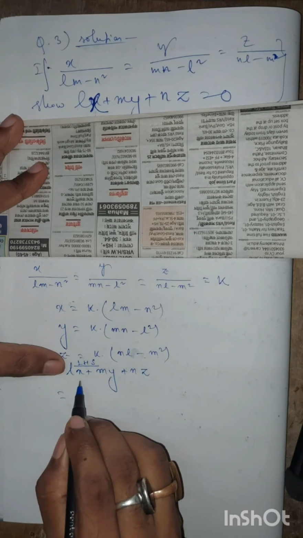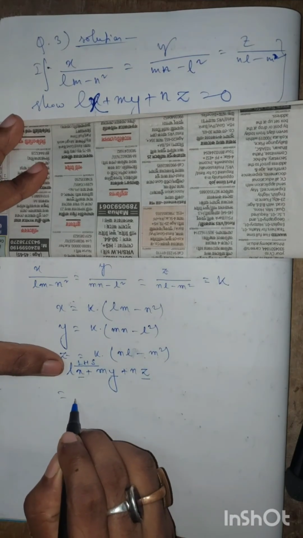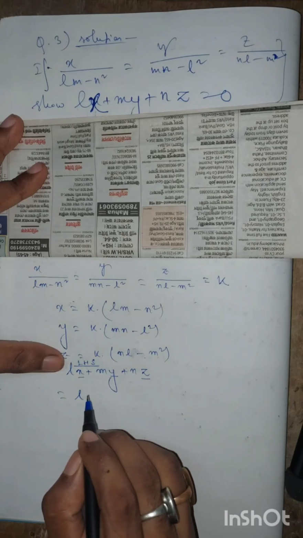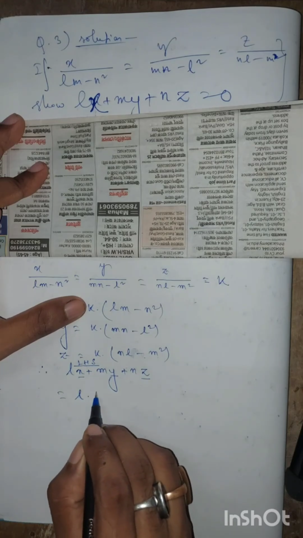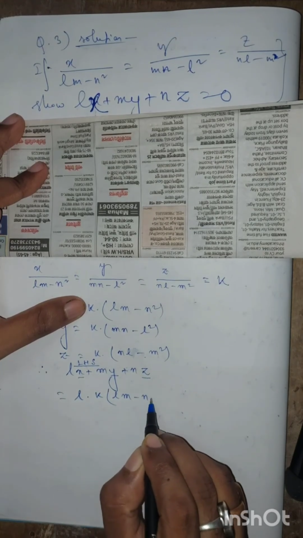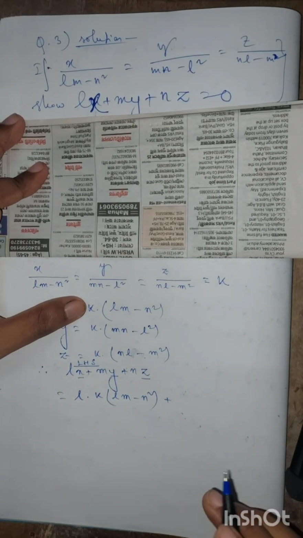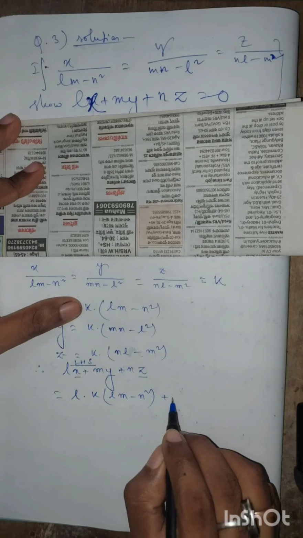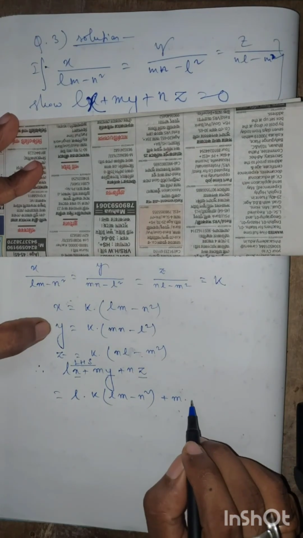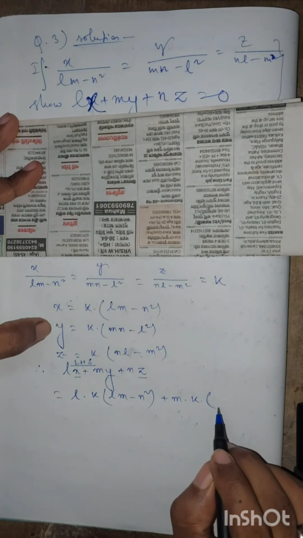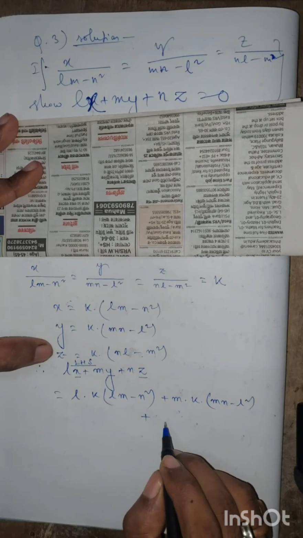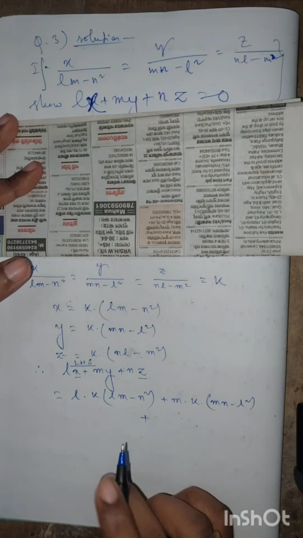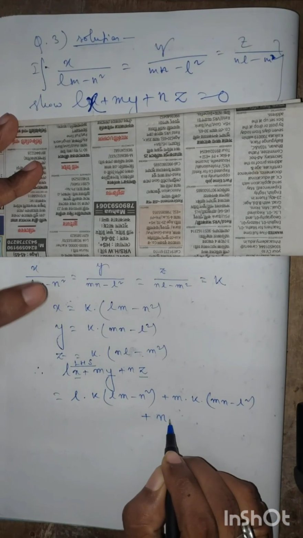Now we can put the values of x, y and z. So l into k into lm minus n square plus m into k into mn minus l square plus n into k into nl minus m square.